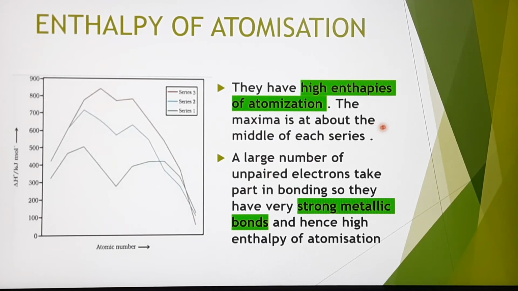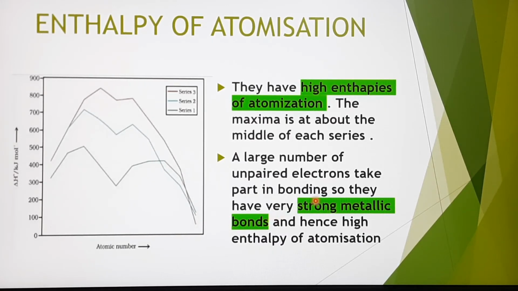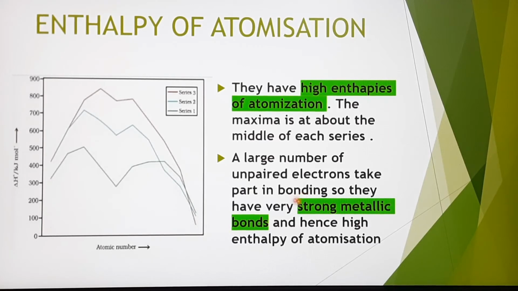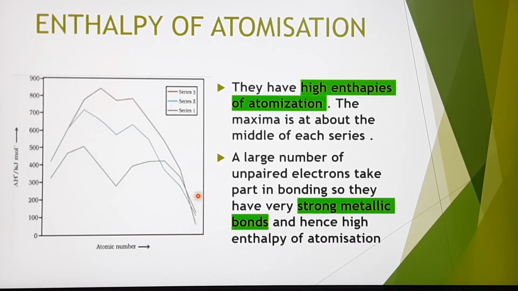The reason here is again the same, that enthalpy of atomization is high because of strong metallic bond formation. The elements for which enthalpy of atomization is low, in those cases metallic bonds are weak, that's why enthalpy of atomization for those is low.